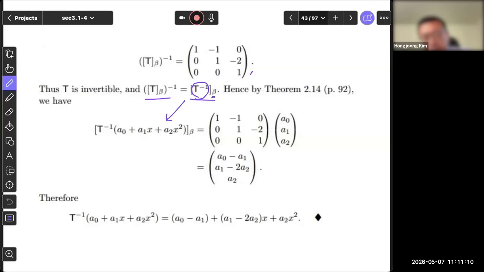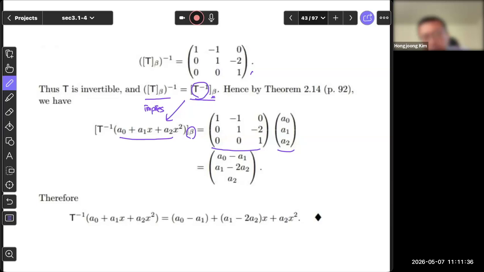It implies that the inverse of some vector will have the coordinate of this matrix times the coordinate of the vector.